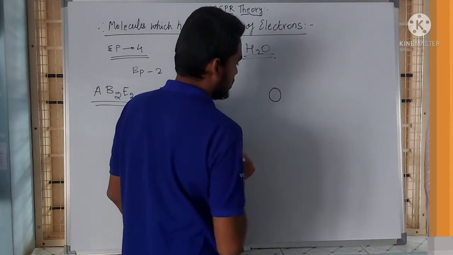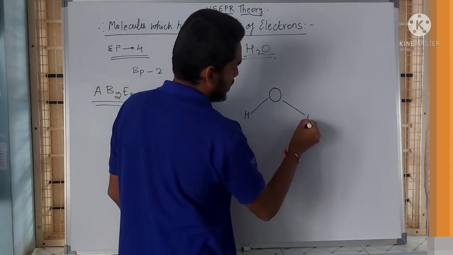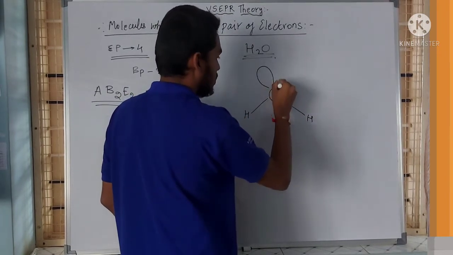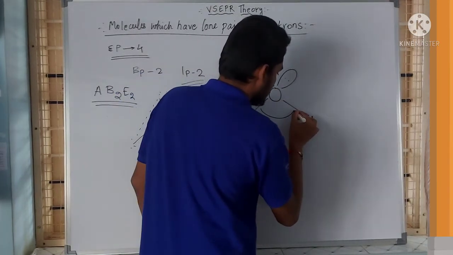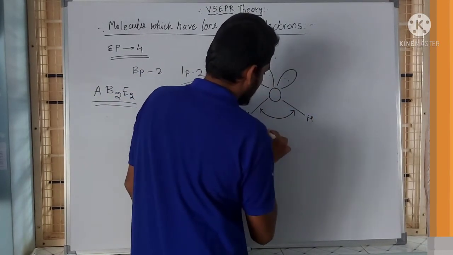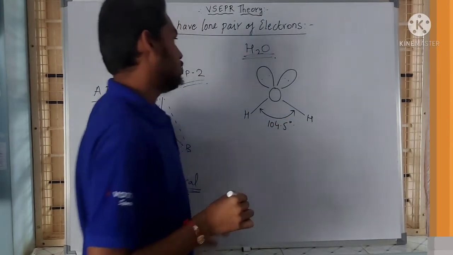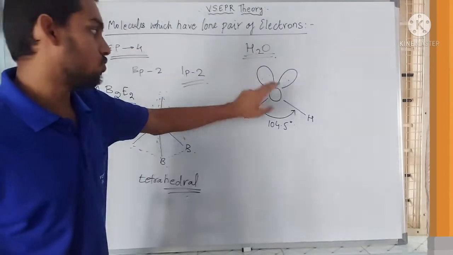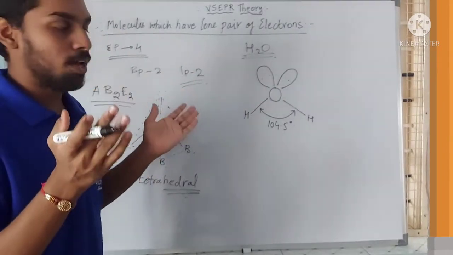So let me take oxygen in the middle, and this will be one hydrogen, and this will be the second hydrogen. I have 2 lone pairs of electrons on oxygen. So the bond angle is 104.5 degrees. Due to the presence of lone pairs of electrons on oxygen, the lone pairs require more space.